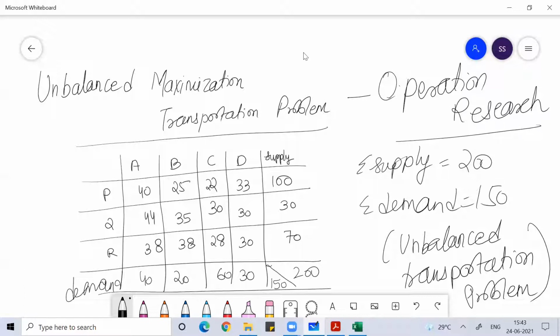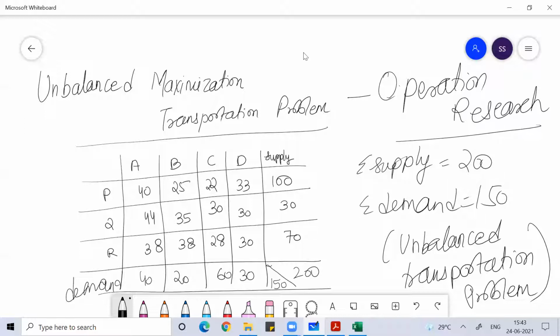The elements cannot be a cost matrix, because with cost we work on minimization. So definitely these elements should be profit or revenue.